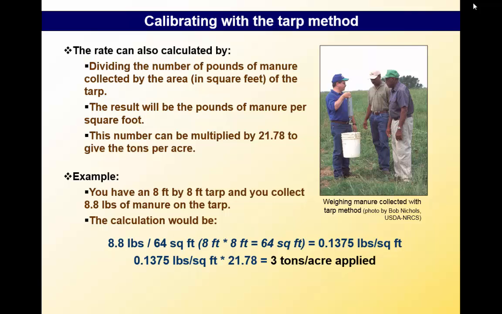But you can also do the calculation. If you have an 8 by 8 foot tarp and you collect 8.8 pounds of manure, 8.8 pounds over 64 square feet. That's the square feet of the tarp. And then you multiply by 21.78, and that will turn it into tons per acre. That's a quick calculation, a quick conversion.